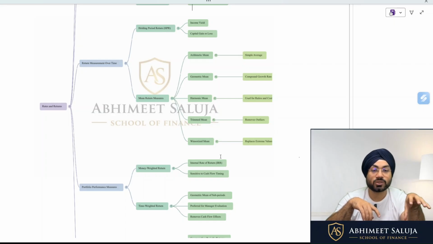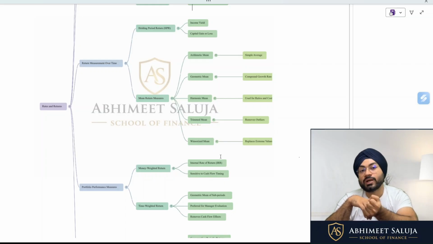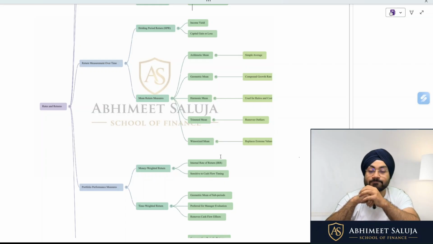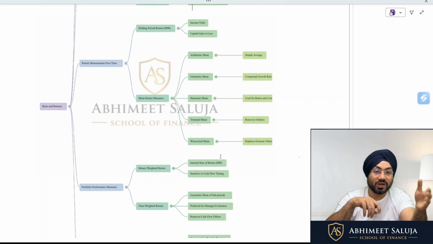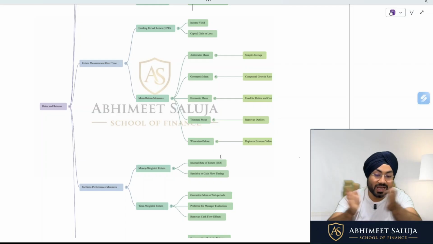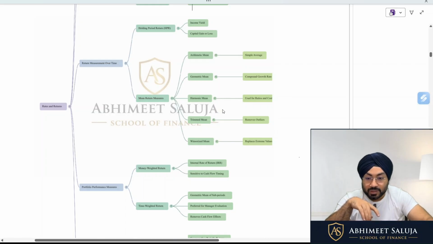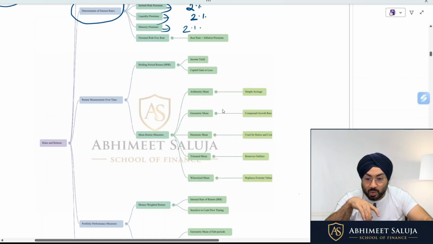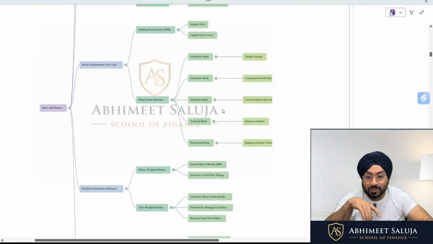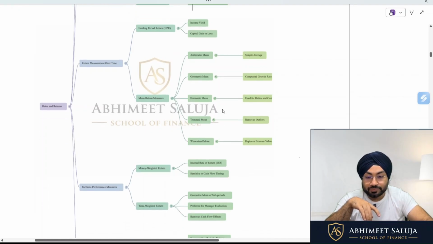I have bought a house wherein capital gain is there, and I'm getting the rental yield as well, right? So I will consider the rental yield and the capital gain, and I won't annualize it. So this is holding period return. We'll take an example of it. You will be considering income yield and capital gain.